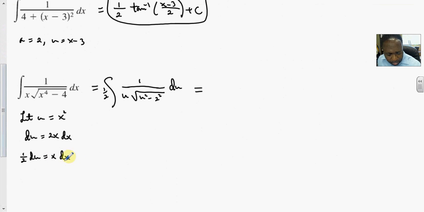This 1/2 du represents the x dx. Let's just write that. This is x dx. And this is all over the u. Here is our x squared times the square root of the u, which is x squared to be squared, minus 4.